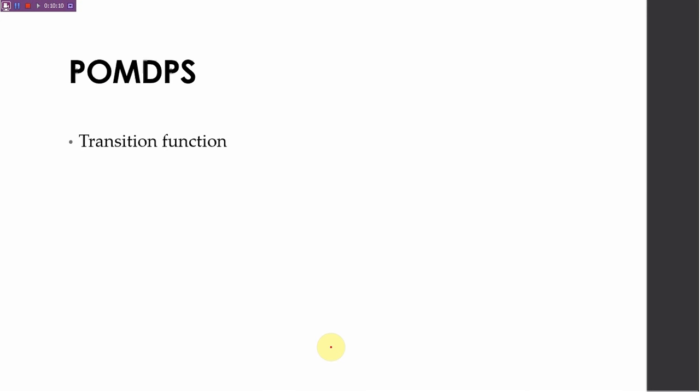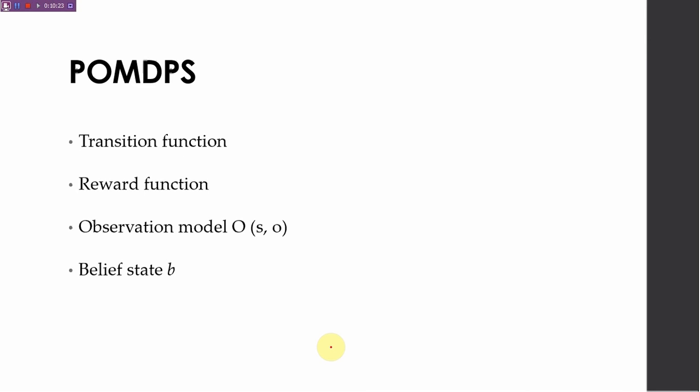POMDPs are defined by the following: a transition function and reward function, just the same as for MDPs, an observation model O(s,o), and a belief state b. Suppose we have a belief state b, and we take some action a.